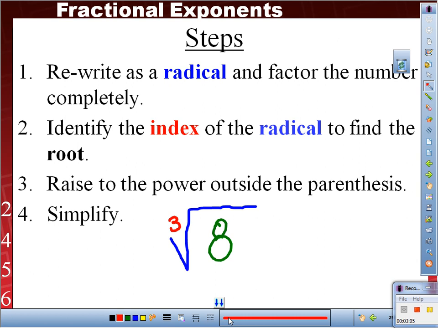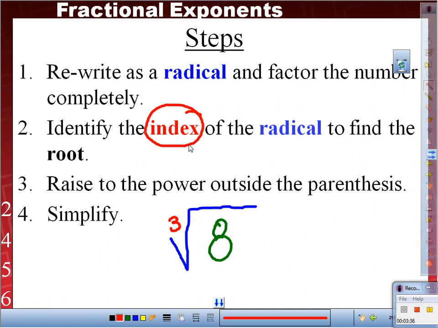Okay, let's see. Who used their colored pens? Turn to your neighbor to let them know what each part is according to the colors that you used. All right, so here we go. For those of you that didn't see it or that don't use colors, here it goes.